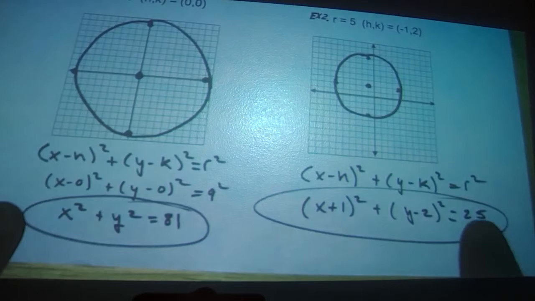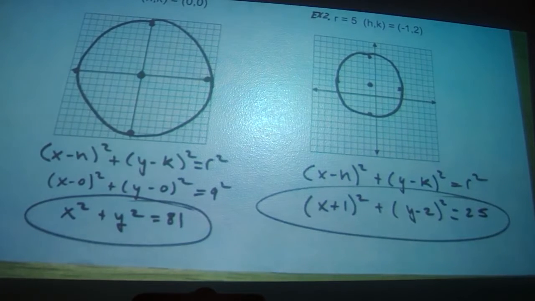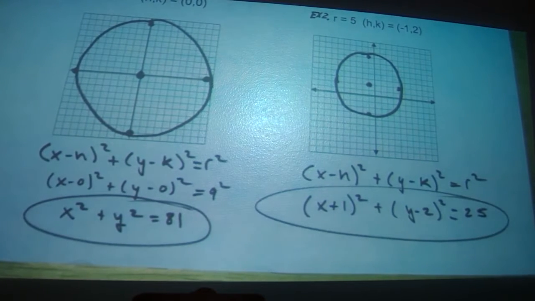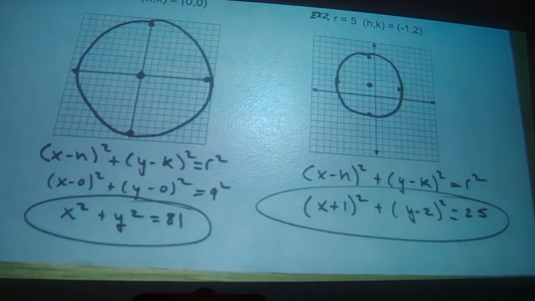And again, whatever this number is, don't forget to square root it. A lot of times on homeworks and quizzes, I would see people with a radius of 25. That's crazy. That's way too big. Normally, your radiuses are anywhere from 1 to 10 usually. So if you're making a huge circle, oh my gosh, that's way too big. So don't forget to square root that value.